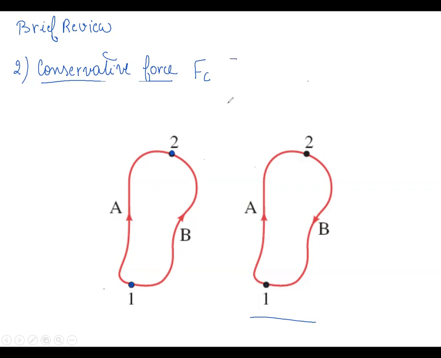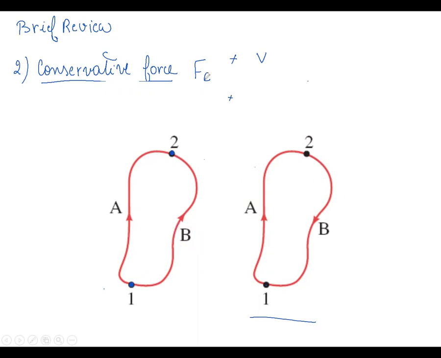We can say, first of all, omega. Let's say here we have position 1 and position 2. We can pass from 1 to 2 through path 1 or through path 2.